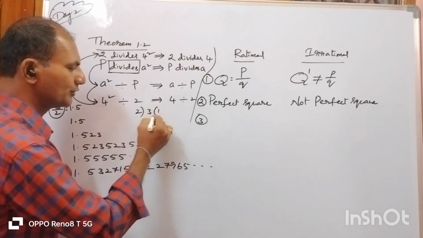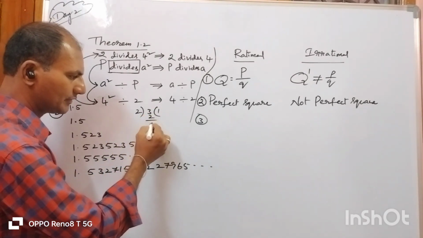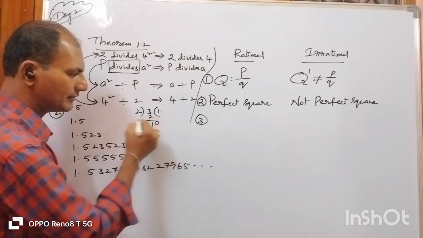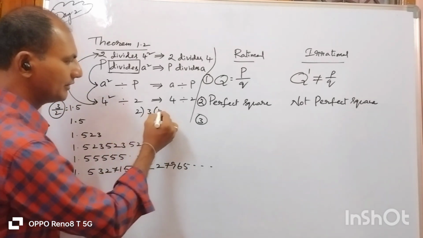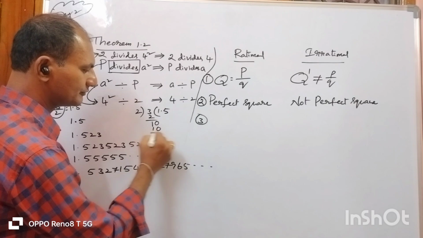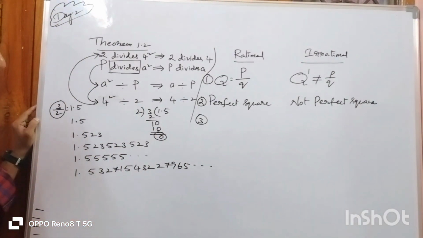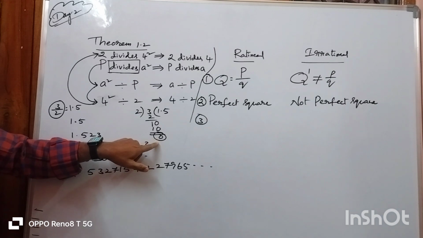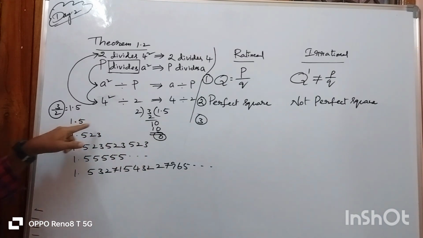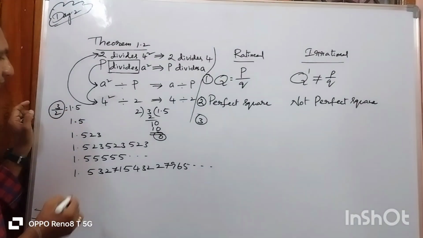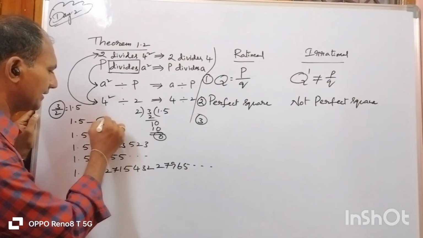See, 2 ones are 2, then 1 point, and 2 fives are 10. So the remainder is 0. When we get the remainder 0, this is called a terminating decimal.